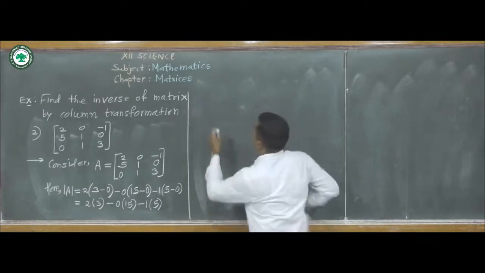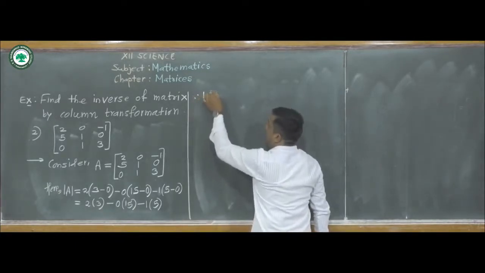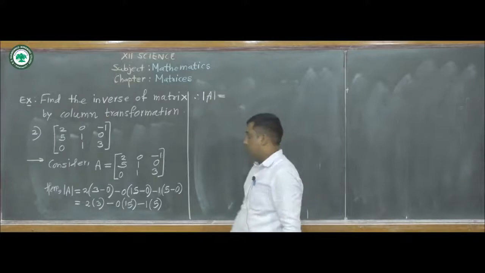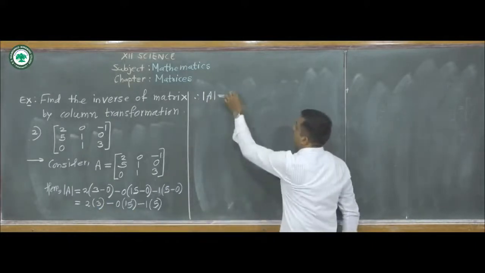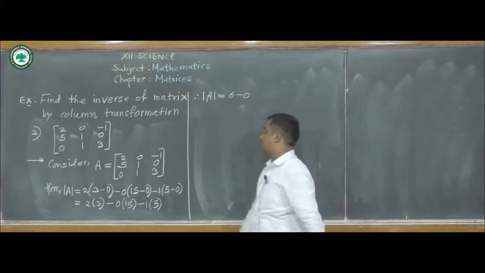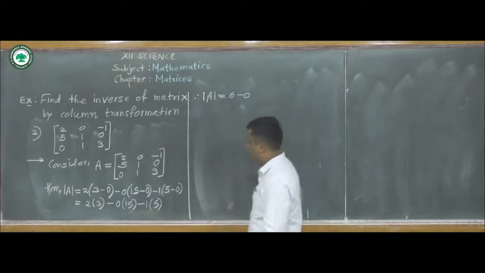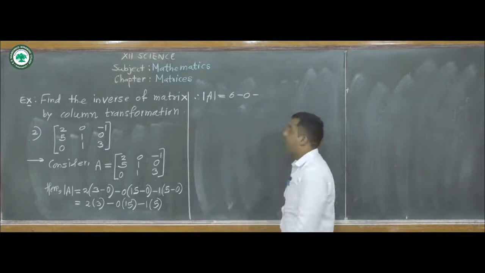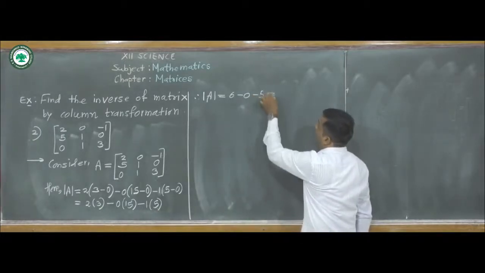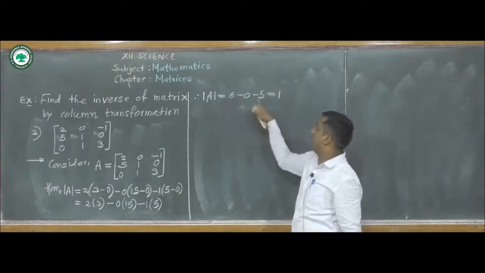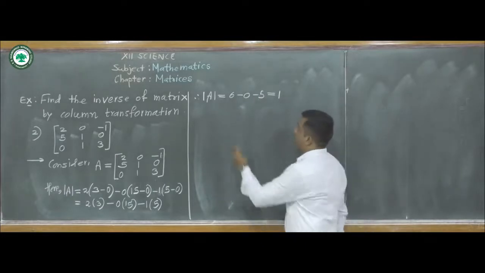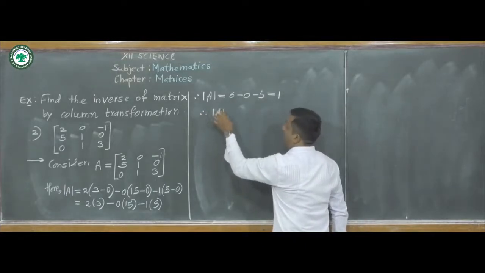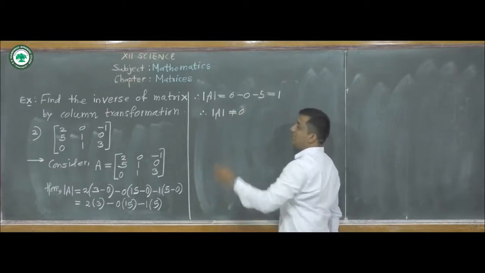Therefore determinant of A is equal to 2 into 3 is 6, minus 0, since 0 into 15 is 0, then minus 1 into 5 is 5, and lastly we get 1, since 6 minus 5 is 1. So determinant of A is not equal to 0.